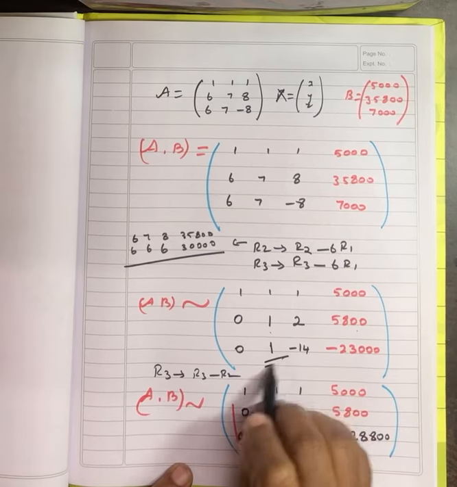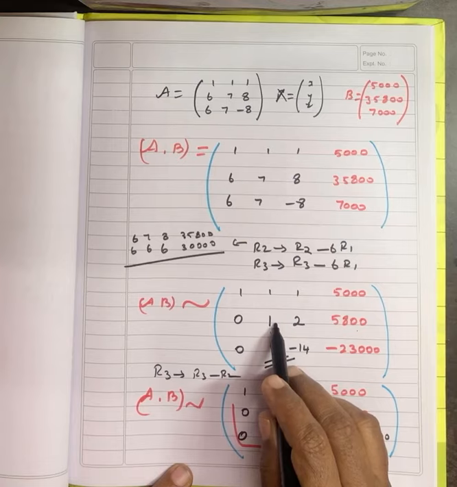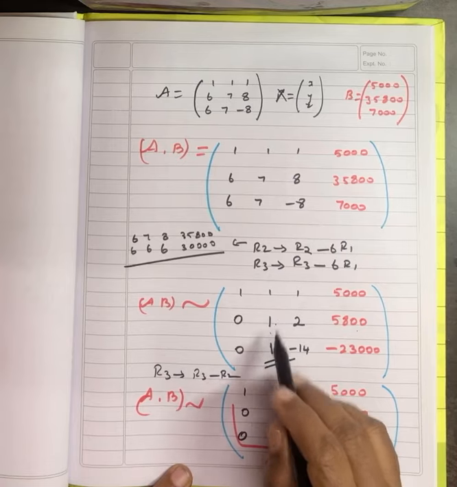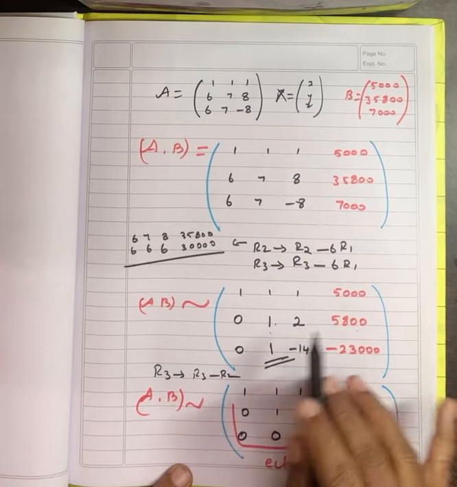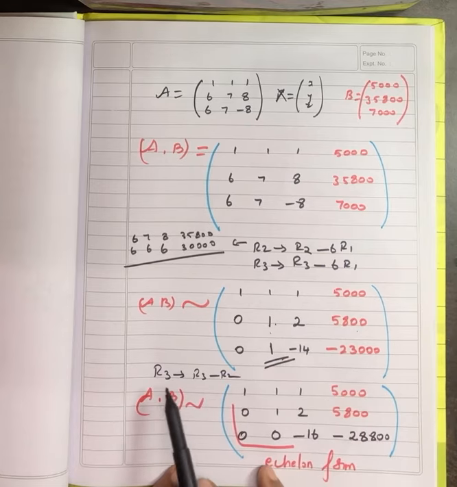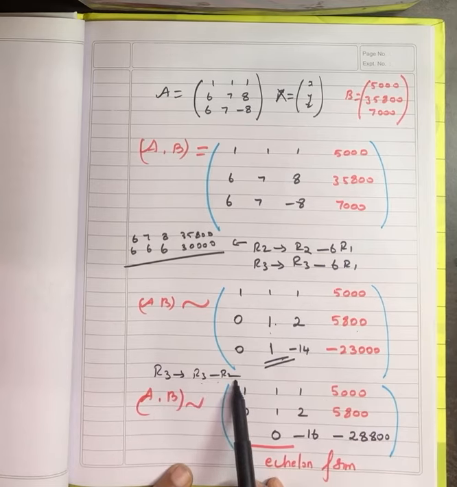Next, I want this number to be 0. I have to see the number just above it in R2, which is 1. Only that is enough to subtract, no need to multiply by any other number. So R3 implies R3 minus R2.